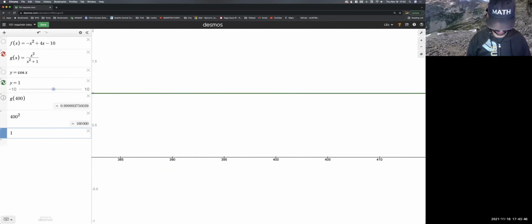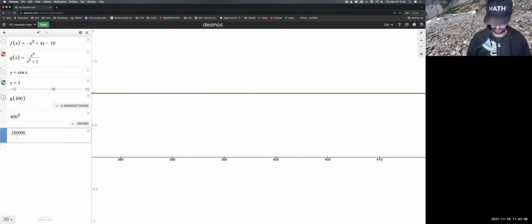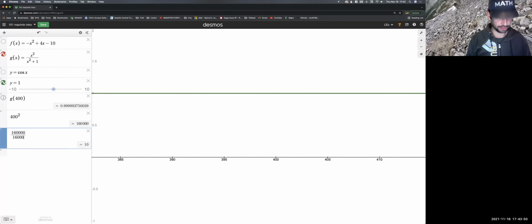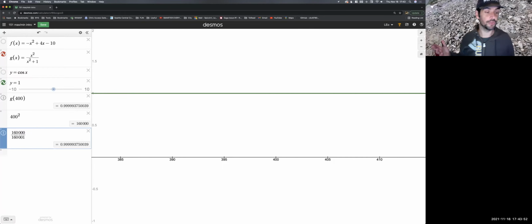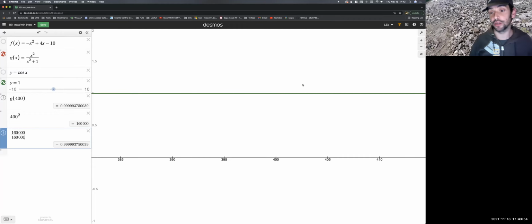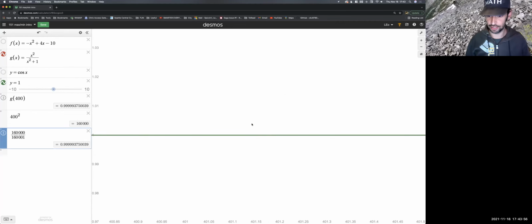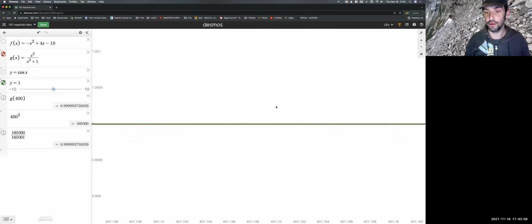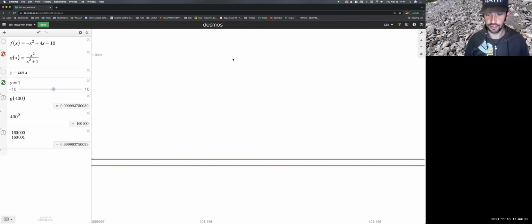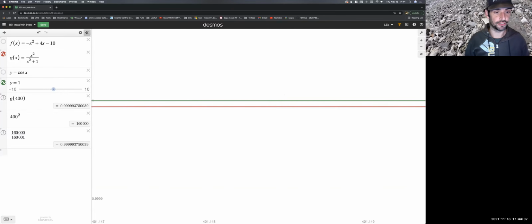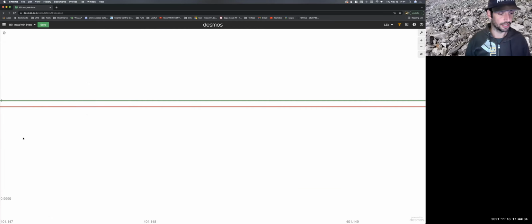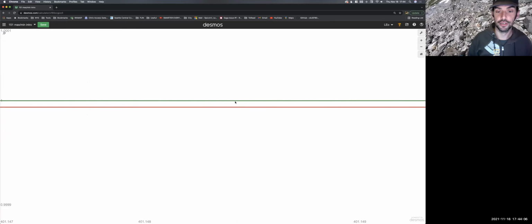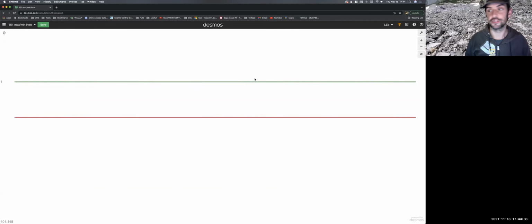So you've got 160,000 divided by 160,001. You're barely not 1, but you're not 1, and I can't see it even zooming in here. But oh, there we start to see the difference at this really small scale. You can see we're incredibly zoomed into this graph.